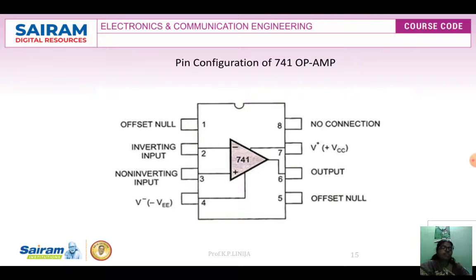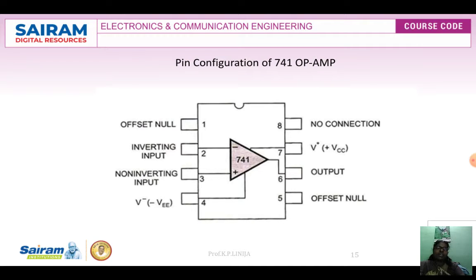The offset null relates to the input offset voltage. The input offset voltage is defined as the voltage that must be applied between the two input terminals of an op-amp to null, in order to bring the output voltage to 0. Therefore, this offset null effectively applies this voltage and makes sure that the offset is removed from the output. Why are we using this offset null concept in the IC741?